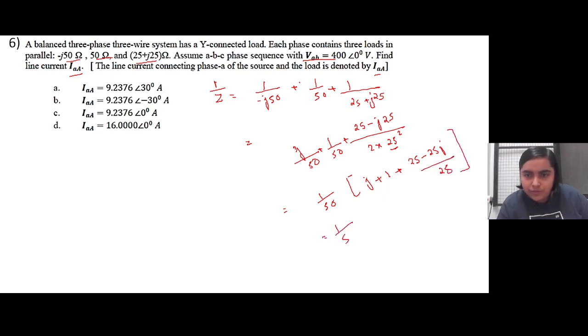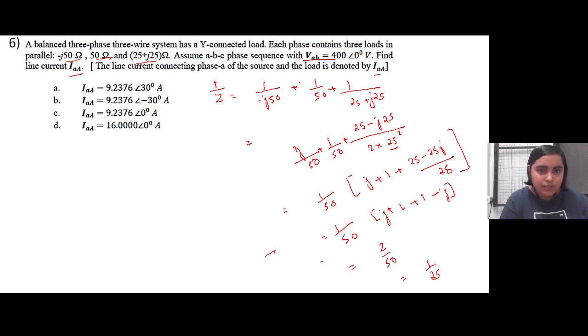So it is 1 by 50 j plus 1 minus j, so j will cancel, giving 2 by 50, which is 1 by 25. So Z will be purely resistive. Z is equal to 25 ohm, because this is the inverse of Z, right?